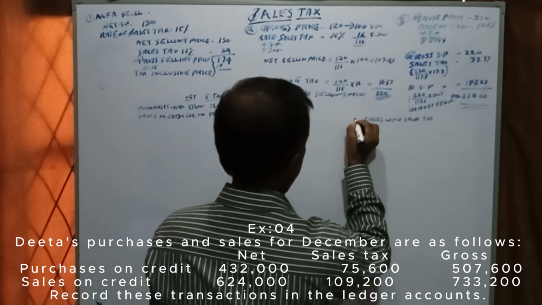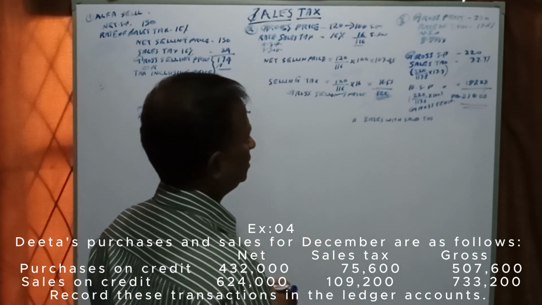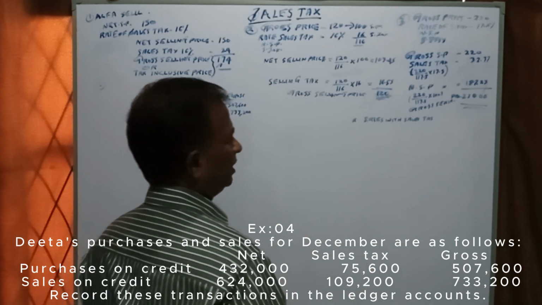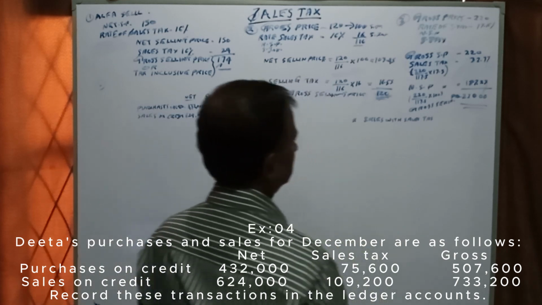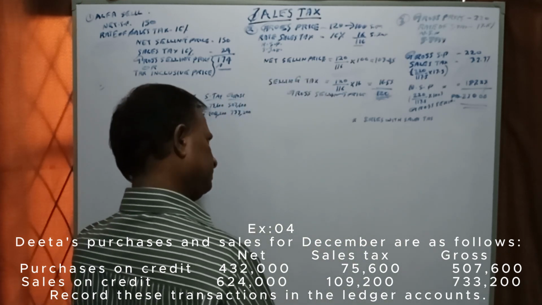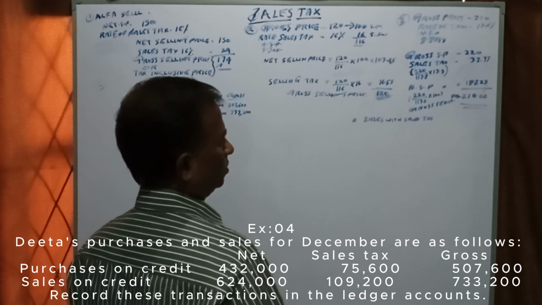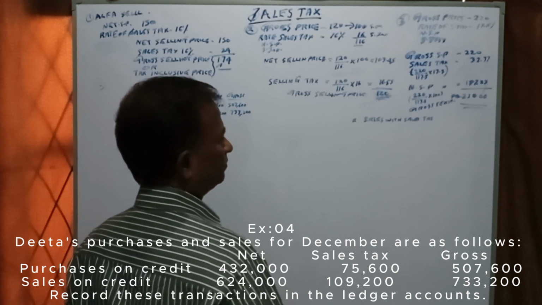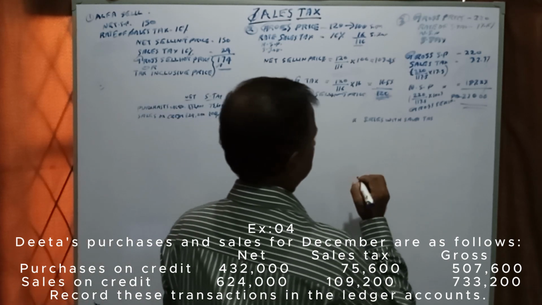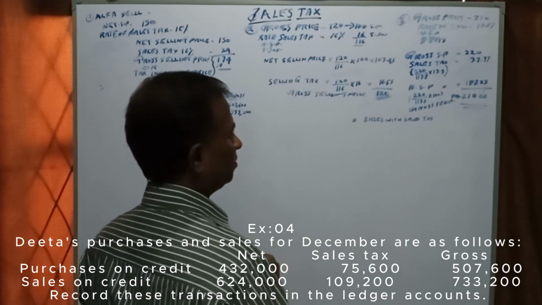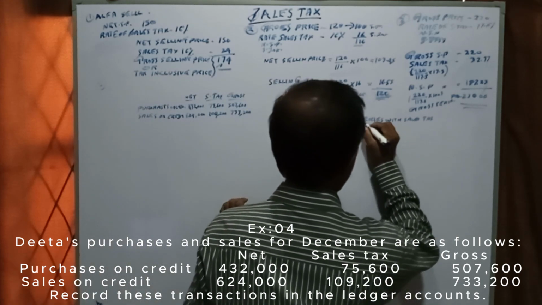Accounting treatment for sales with sales tax. Okay, now you will make the cash account or debtors account debit, right?